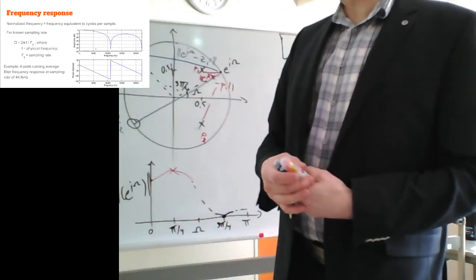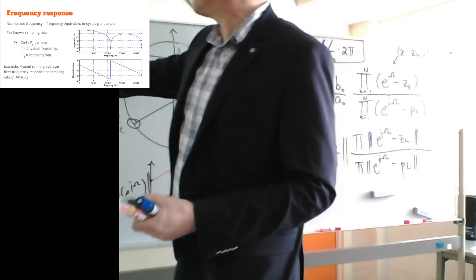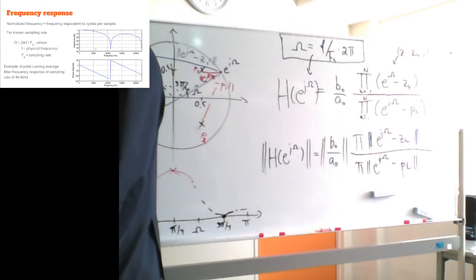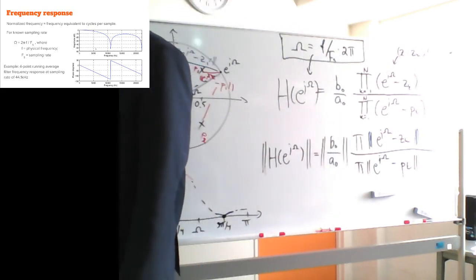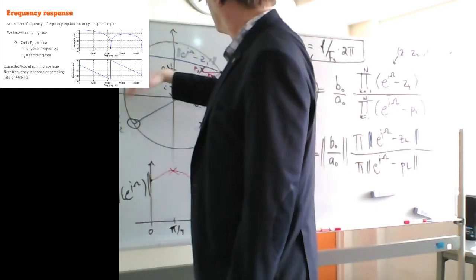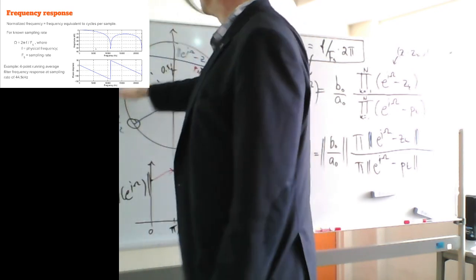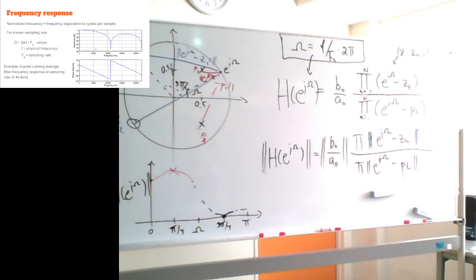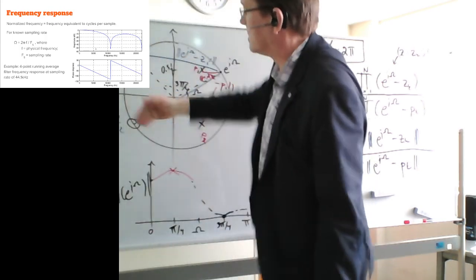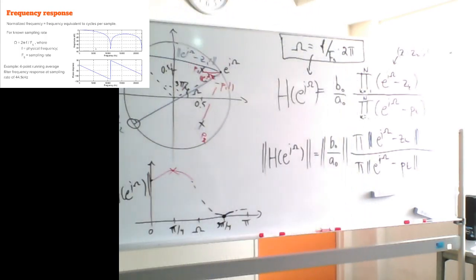And there's an example. In the previous example, I had just from 0 to pi here, not 2 pi, only that part. That's the interesting part, since this is just a mirror image, and the sampling rate of 44.1 kilohertz.